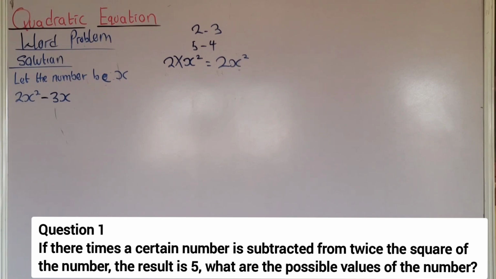That's why I take time. I'm very sure we've learned how to solve quadratic equations in our previous class, but here we have a word problem where you are required to make your equation out of it.